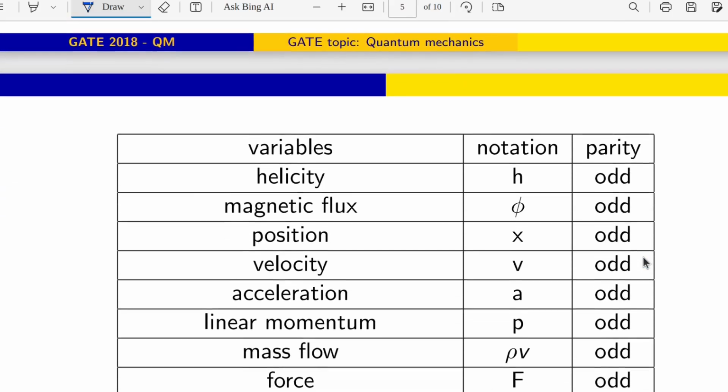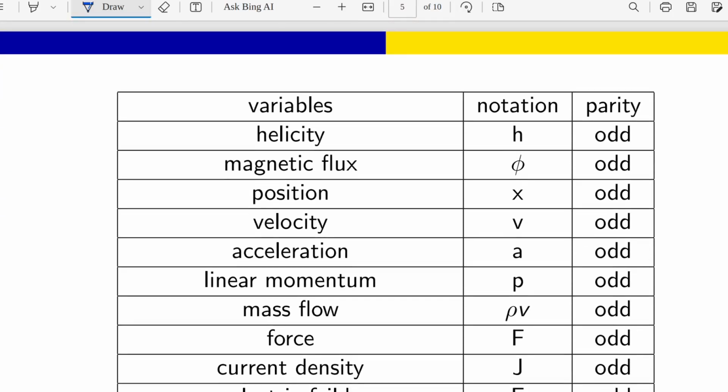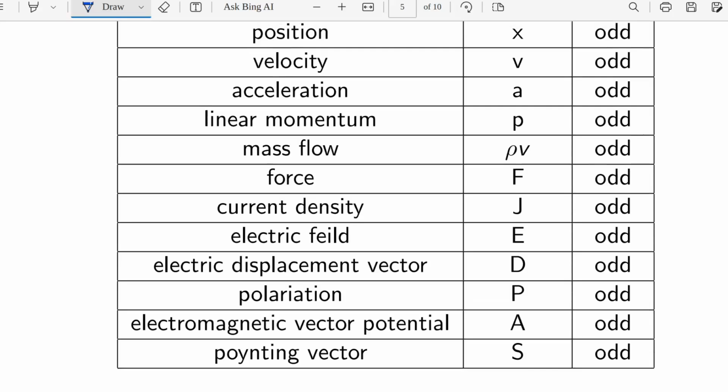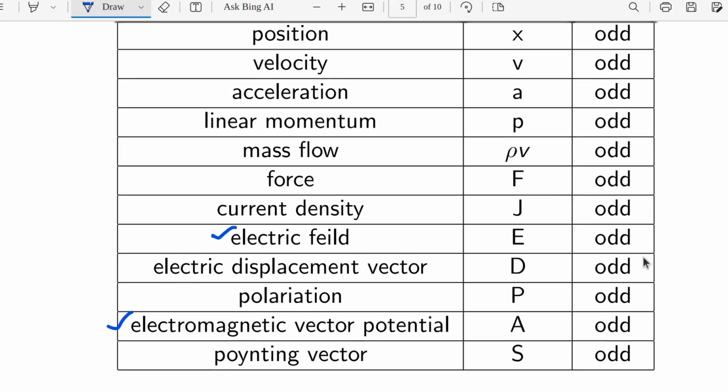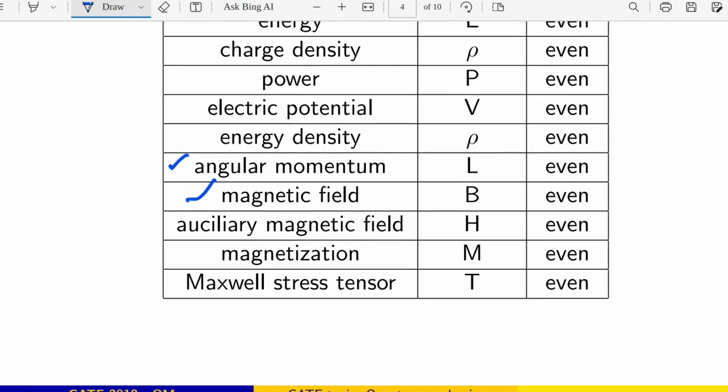Now coming to odd under parity: helicity, magnetic flux, position, velocity, acceleration, linear momentum, mass flow, force, current density, electric field, electric displacement vector, polarization, electromagnetic vector potential, Poynting vector. These are all odd under parity. Here E, the electric field, is there, and the electromagnetic vector potential is also there, which means E and A are both odd under parity. And angular momentum and B, which are even under parity, are also there.